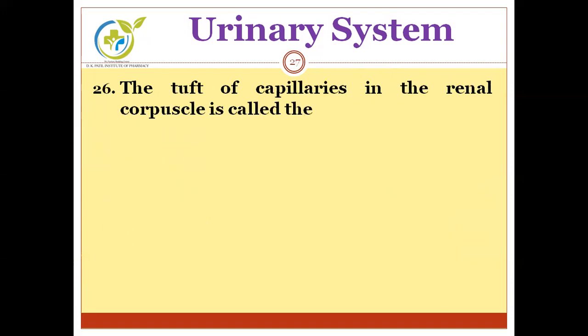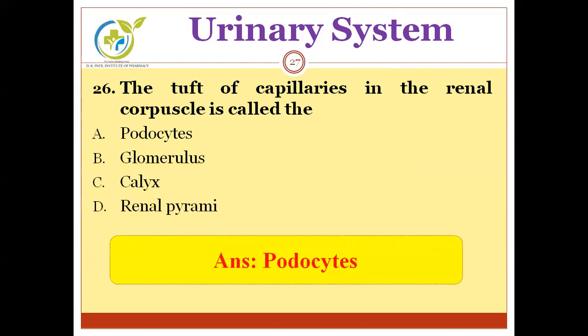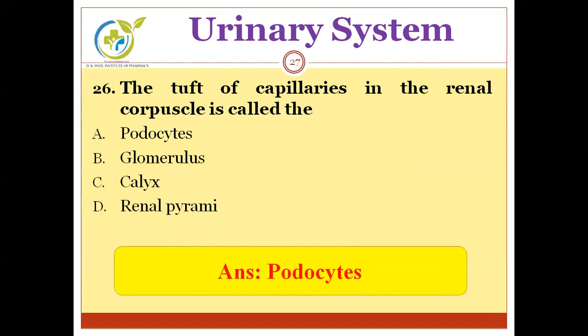Next, the tuft of capillaries in the renal corpuscle is called: podocytes, glomerulus, calyx, renal pyramid. The correct answer is podocytes. The tuft of capillaries in the renal corpuscle is also called the podocytes.